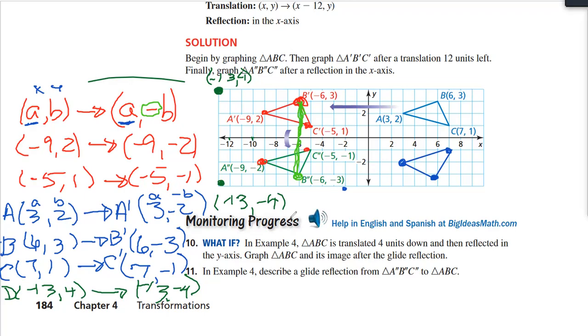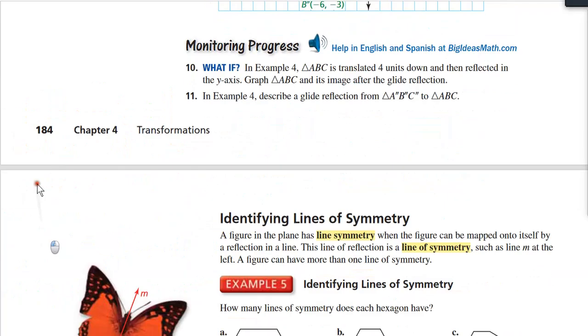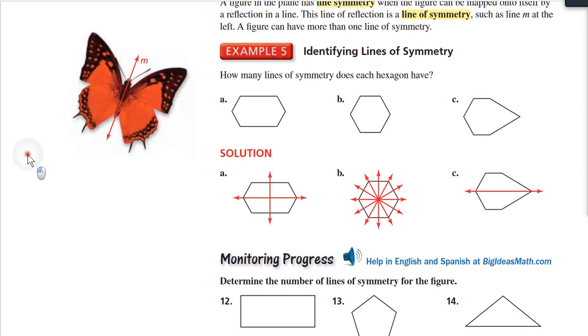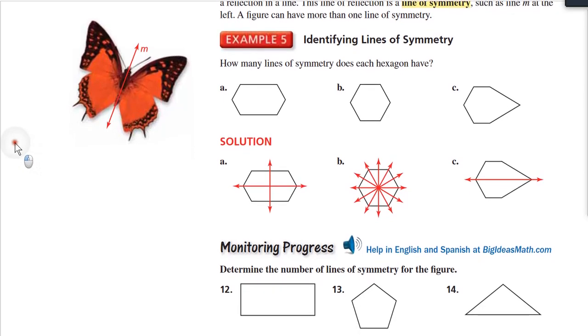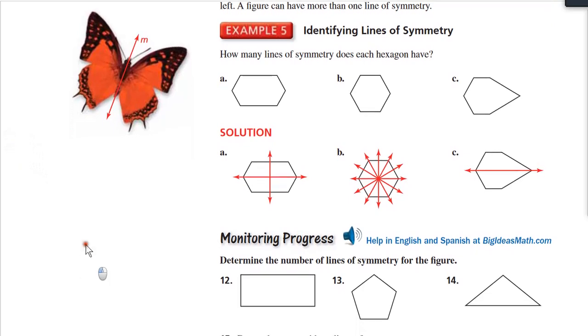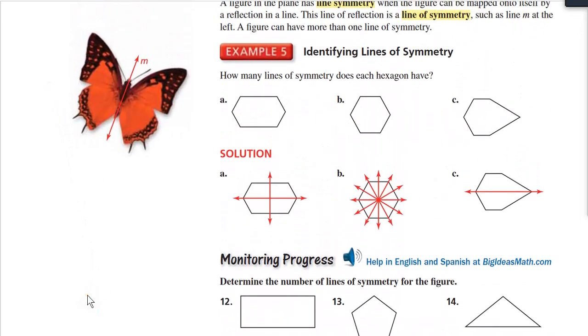Okay, I'm going to clear all that and let's look at some more stuff. Lines of symmetry, they're going to be asking you about that. Define lines of symmetry.